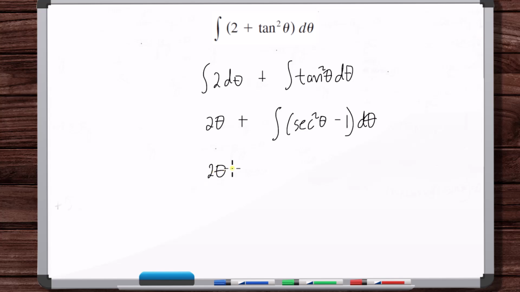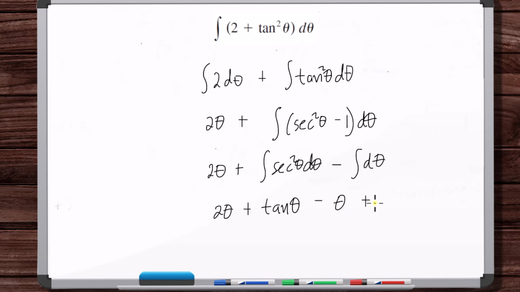Okay, so we can separate this into 2 separate integrals. Okay, so the integral of secant squared theta is tangent theta. Okay, 2 theta minus theta is theta, so we've got theta plus tangent theta plus c.